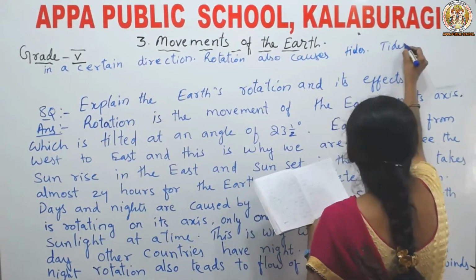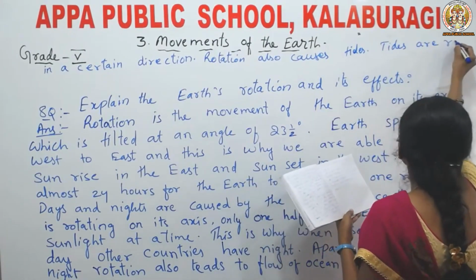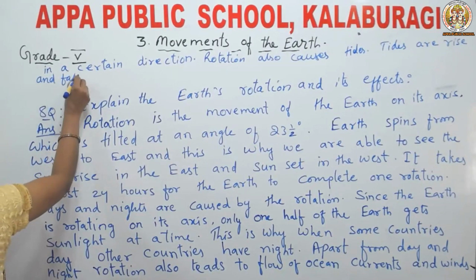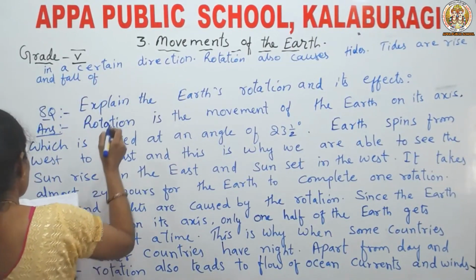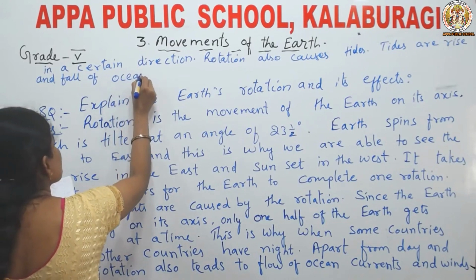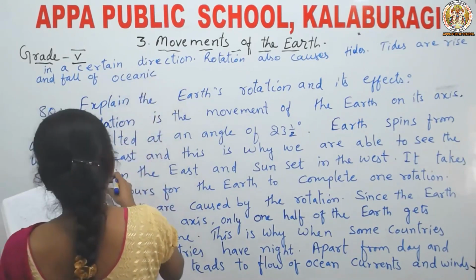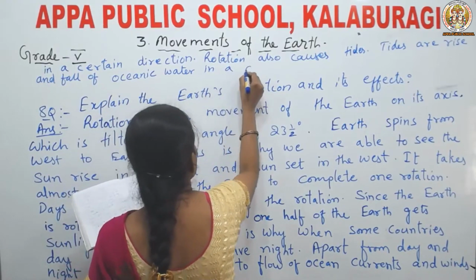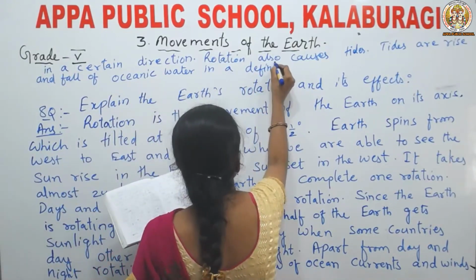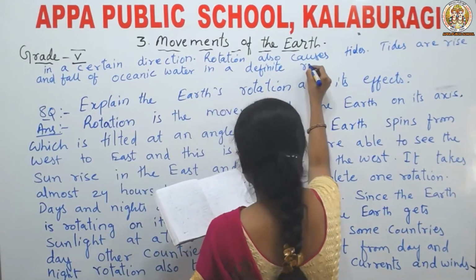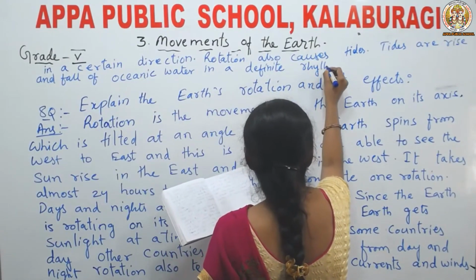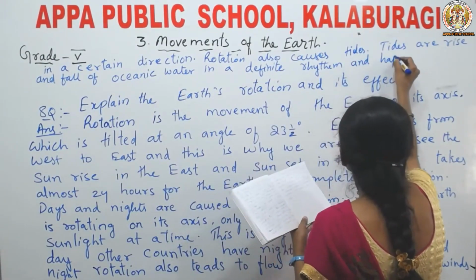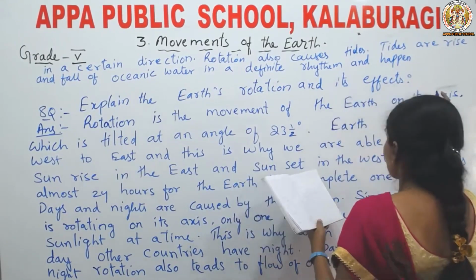Tides are the rise and fall of oceanic water in a definite rhythm and happen twice a day.